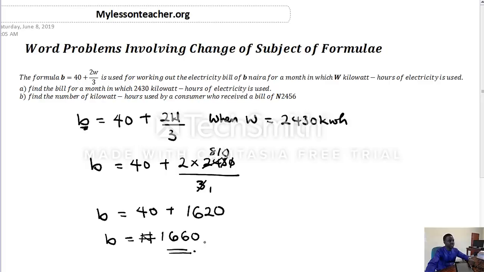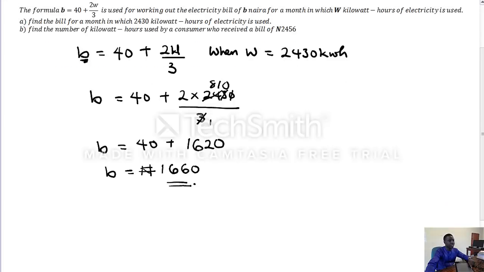Question B says we should find the number of kilowatt hour used by a consumer who received a bill of 2,456 naira. So that means if at the end of the month the electricity official comes with a bill of 2,456 naira for you to pay, you can as well, even without them telling you, know the amount of kilowatt hour you have used, and you know if you are being cheated or not.